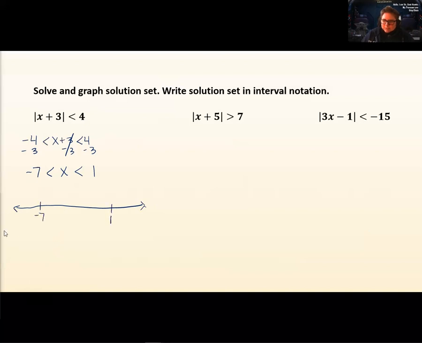So the way this works is, if you'd separated it like we had before, you would have had x is greater than -7 and x is less than 1. So if it's less than, does it include that number or does it not include that number?